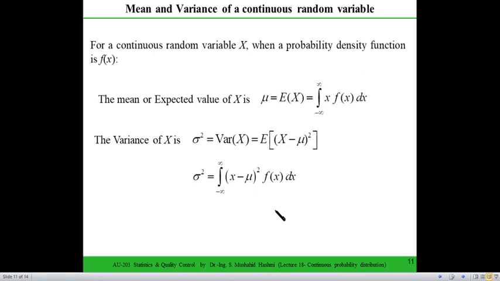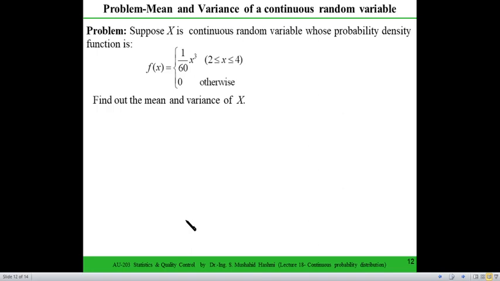So if you know the f of x, you can easily calculate the mean as well as the variance of that continuous distribution. Here, for example, this can be written in this alternative form. First you take the expected value of x square, which would be x square times that function, integrated, and subtract the expected value, the mean, whole square. So this is the alternative way of calculating the variance of a continuous random variable.